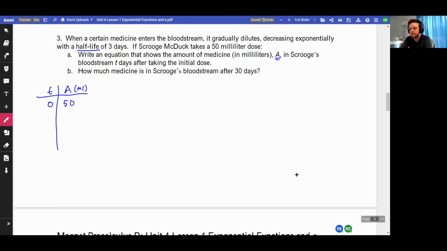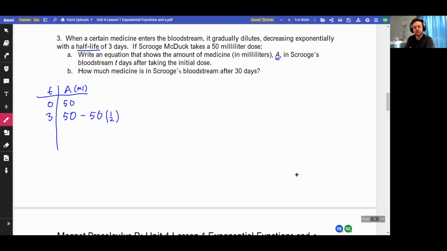I could write 1 here, but I'm not given how much of the dose is left after 1 day. I'm given how much is left after 3 days. So after 3 days, the amount that's left is half of day 0. So that's 50 times 0.5, or 50 times a half, whichever.